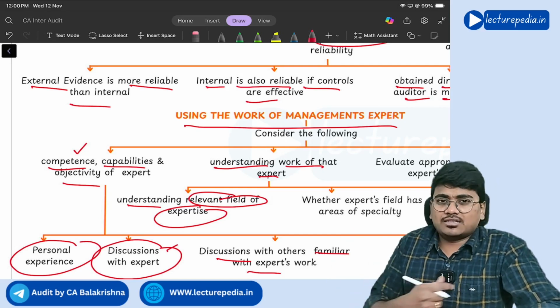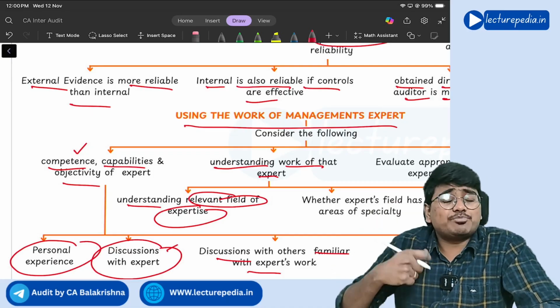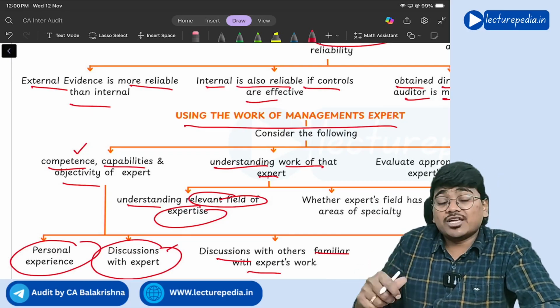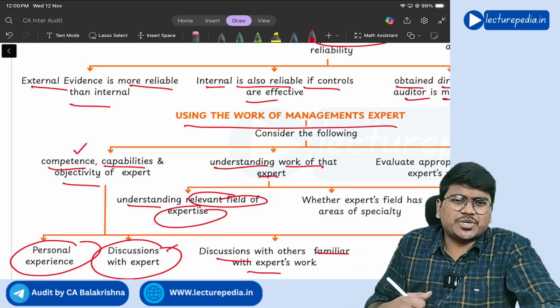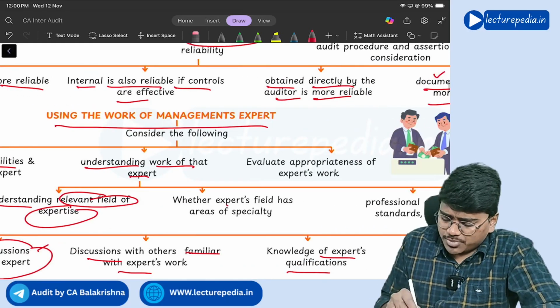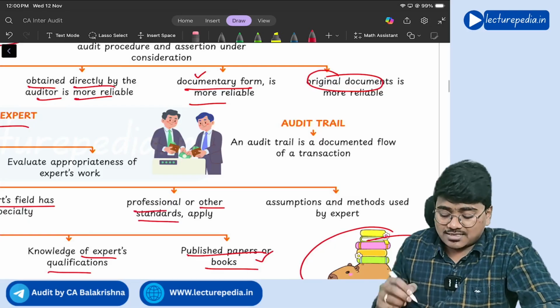There will be one doctor for the heart, one doctor for the eye, like this. Are there any specializations in the field of the expert? If yes, in which area he is specialized, you need to understand it. Next, whether the expert's field has areas of specialty.